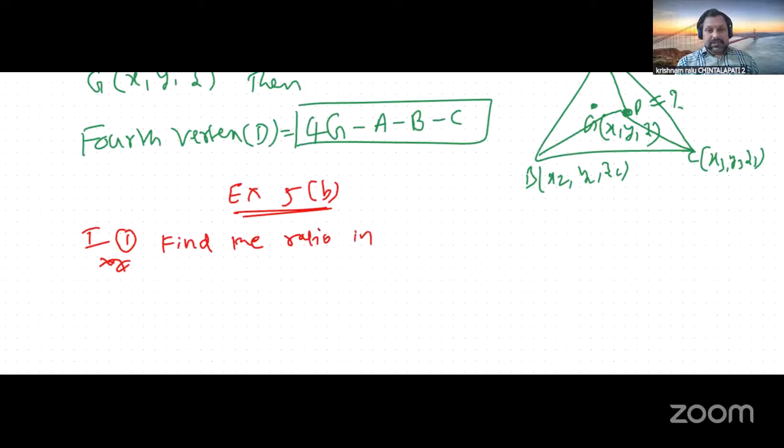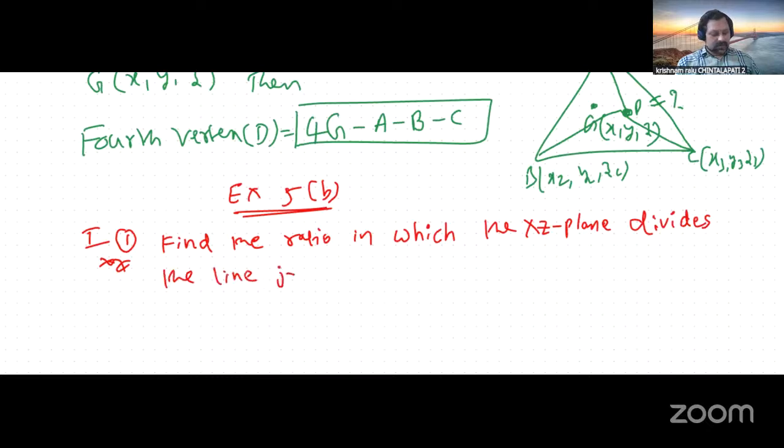Find the ratio in which the XZ plane divides the line joining A of -2, 3, 4 and B of 1, 2, 3.